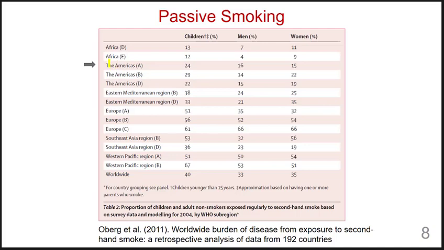So if we look at this number here, just to give you an example of passive smoke with children. When children are exposed to passive smoke, a fairly high percentage is shown here, even more than the exposure of adults. And this can set a child up for future problems with their own lungs.